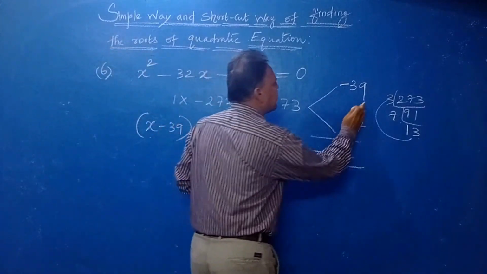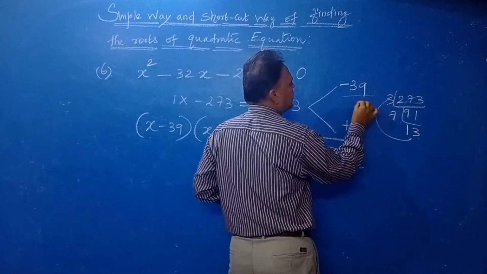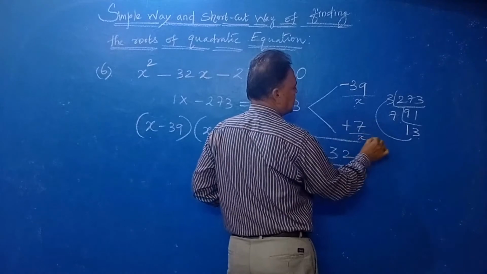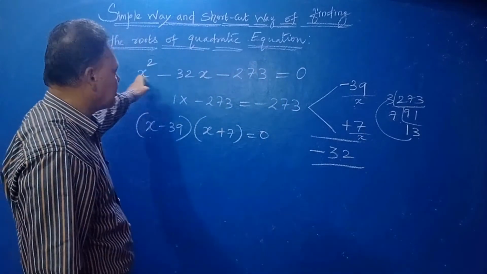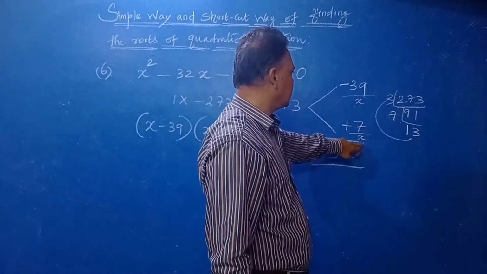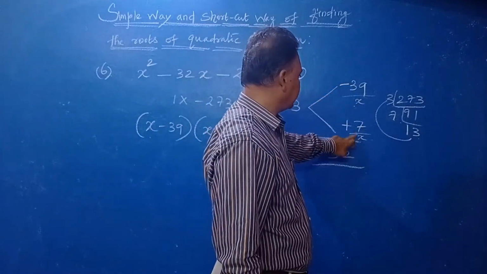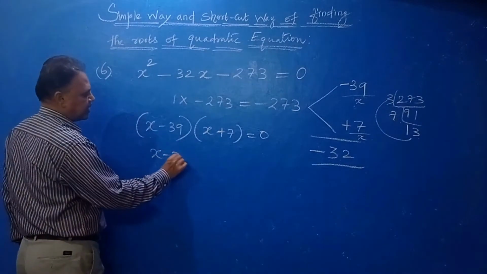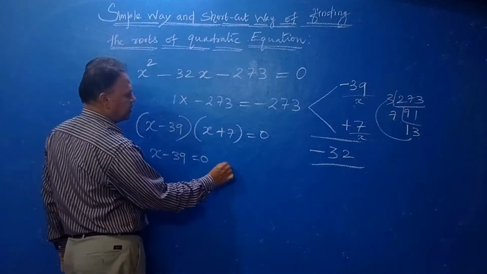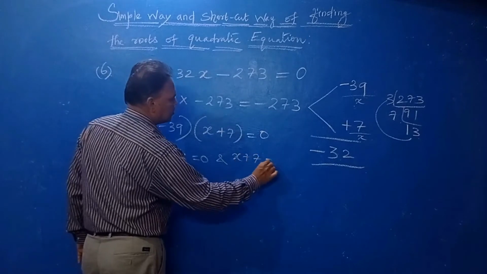Same method only we are doing, right? Here you are writing 1 into x. Clear or not? The x² coefficient is 1, so you write x. Now write (x − 39)(x + 7) = 0. Therefore x − 39 = 0 and x + 7 = 0.